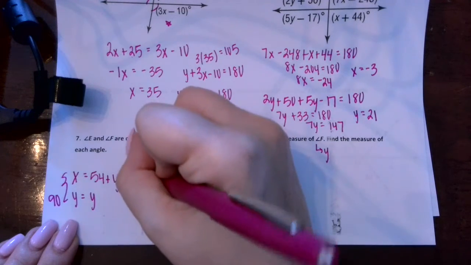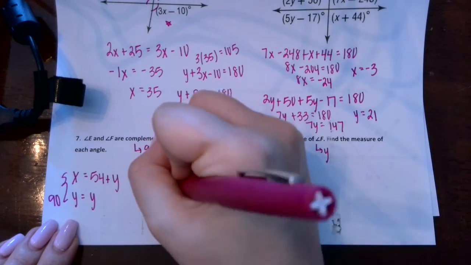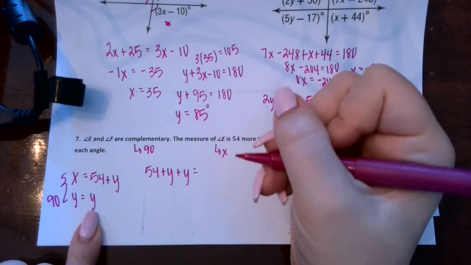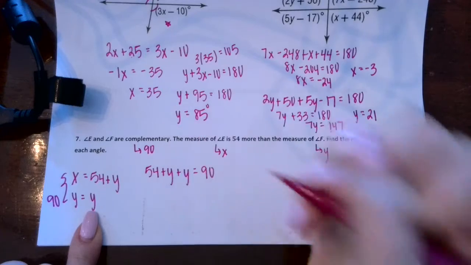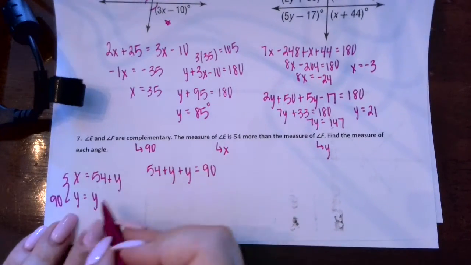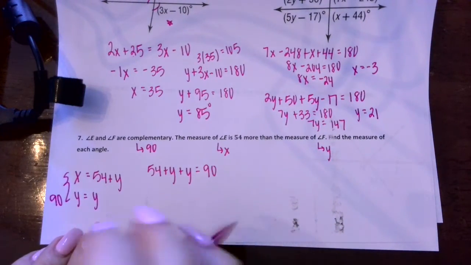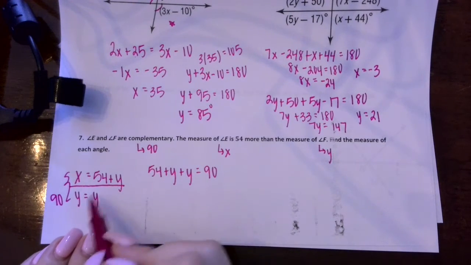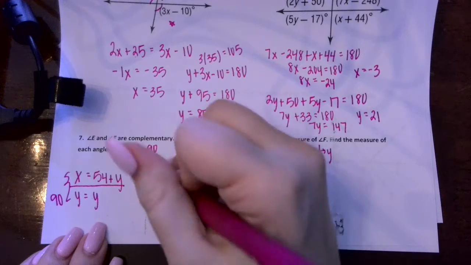So I have 54 plus Y, because I don't know any information about it, and those together are going to equal 90. Make sure you have both of your angles accounted for. A lot of people will just set up this first little equation and forget about the second Y.